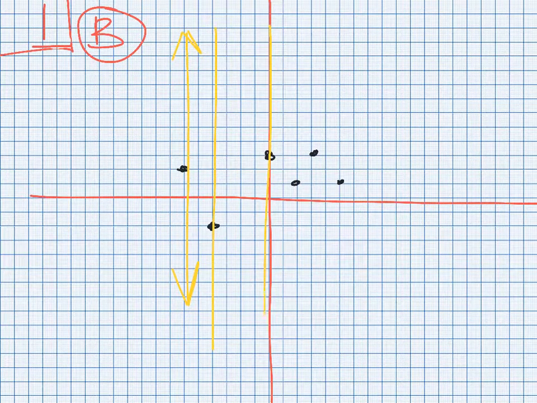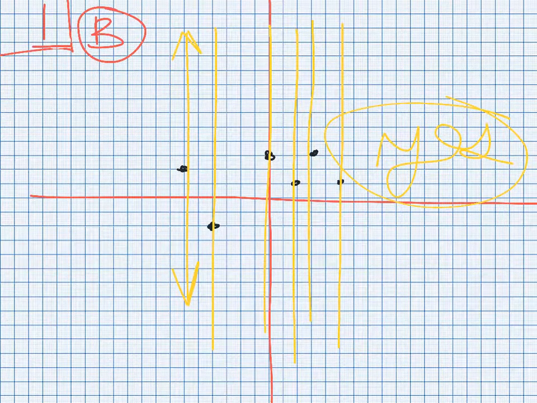Only once, only once. Here's a only once, only once, only once. The only way that this would fail is if you were to have another point above or below any of these other points, which would make two dots in a vertical line. That would be a no. But in this case, again, the answer is yes. It's the same answer that we had before.